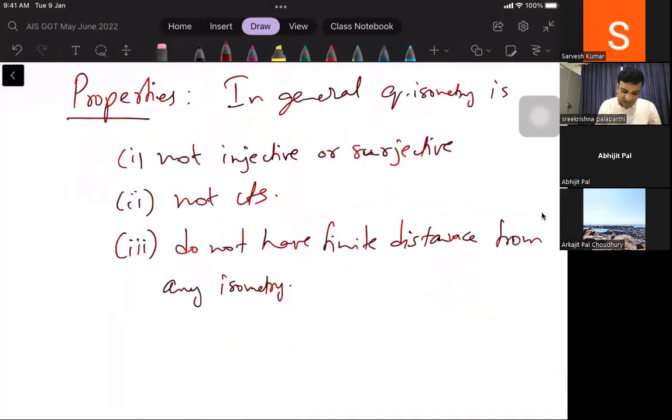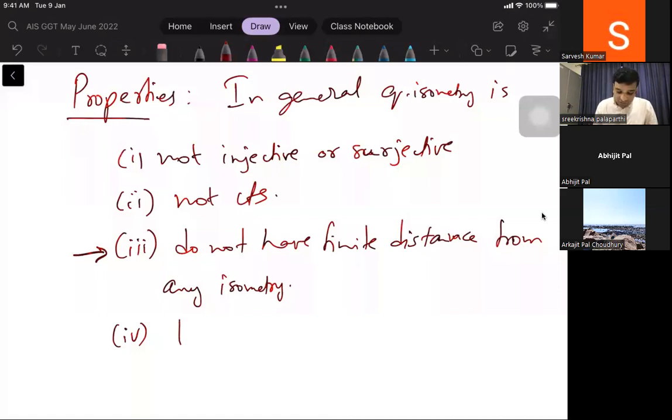For example, for smooth maps between manifolds, you can always find a smooth map close enough to a continuous map. That sort of theorem exists, but that property is not true here in general.